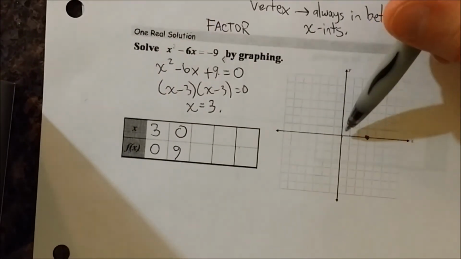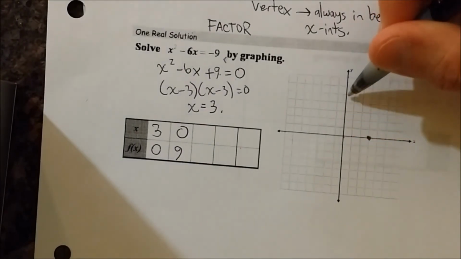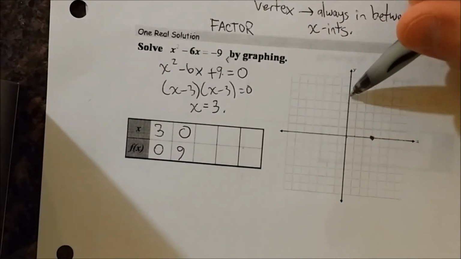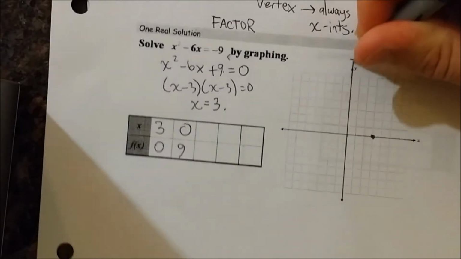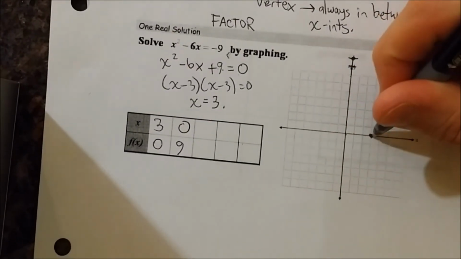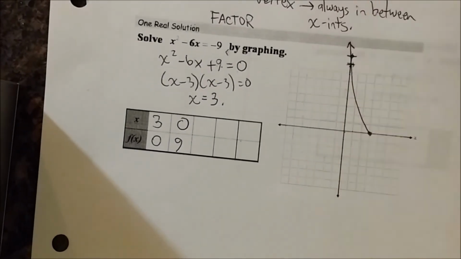So that's 0 and 9, which I believe is right up here. I'll extend our graph a little bit. I'm going to do my best to get a nice curve there.